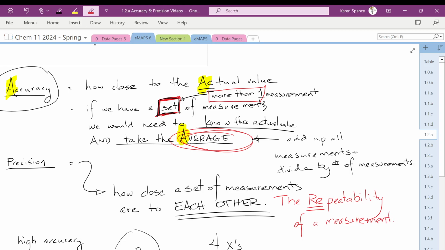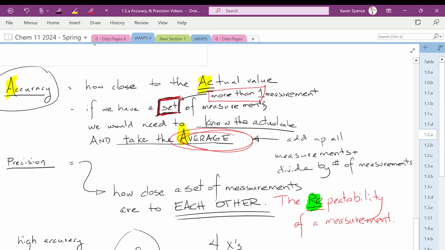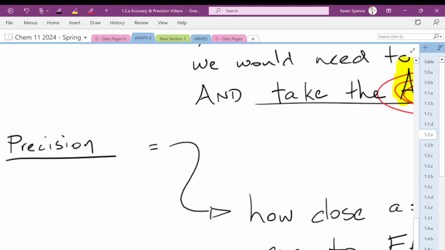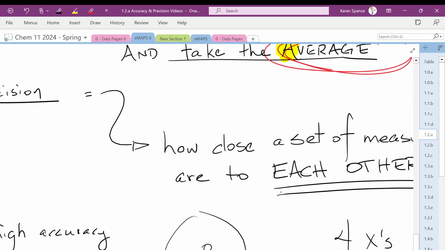Now I got really excited about the repeatability of a measurement, because guess what is in the word precise? A precise measurement is very repeatable.